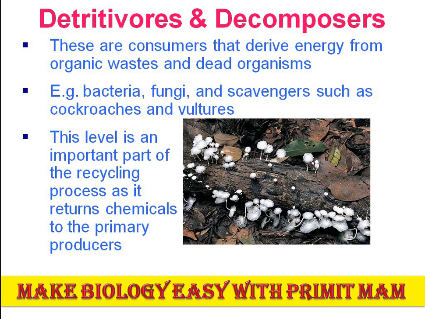They are very important because if they were not there, then the dead bodies would keep on accumulating and spread pollution. So, there has to be somebody who eats the dead bodies so that it cannot cause pollution.